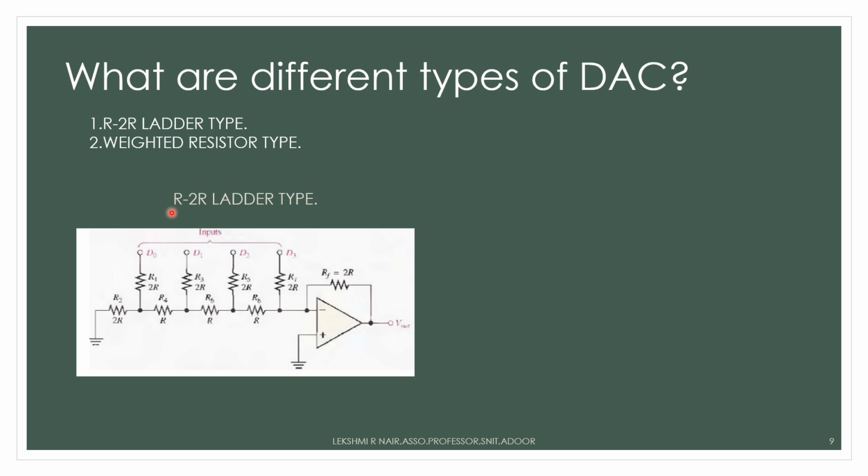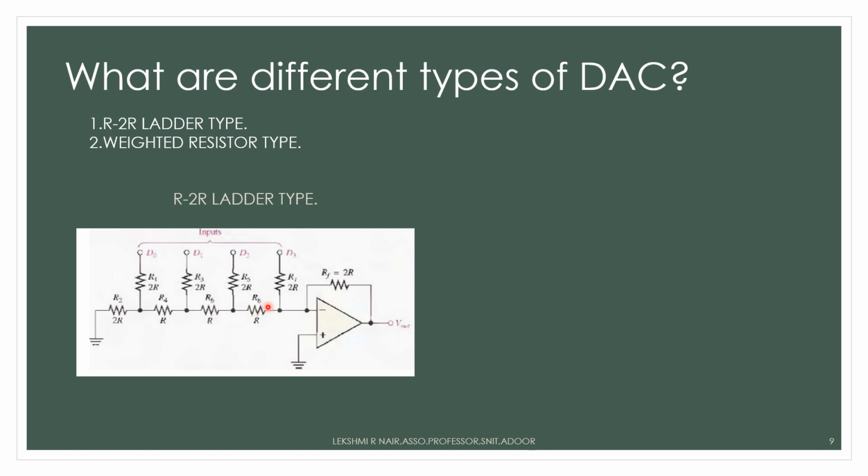Then why the name R2R? By checking this circuit we can see that the resistors used in this circuit are of two values. Either it will be R or it will be 2R.